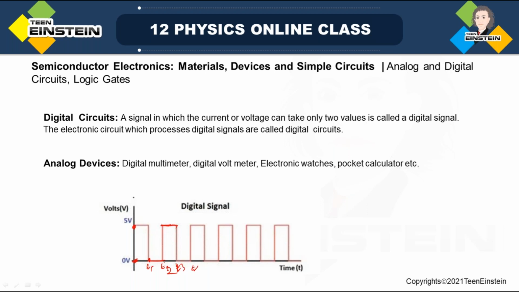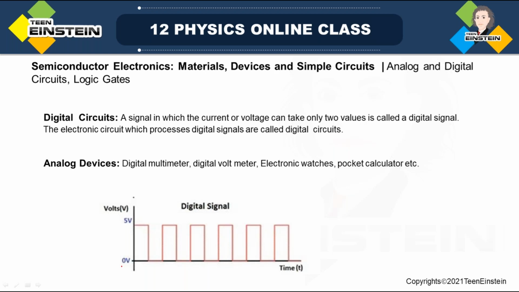Between T2 and T3, the signal is high. If this is T4, then as the time goes just a little above T3, it becomes 0 and continues up to T4. So this is how a digital signal can take only two values, either 1 or 0, or low state or high state.